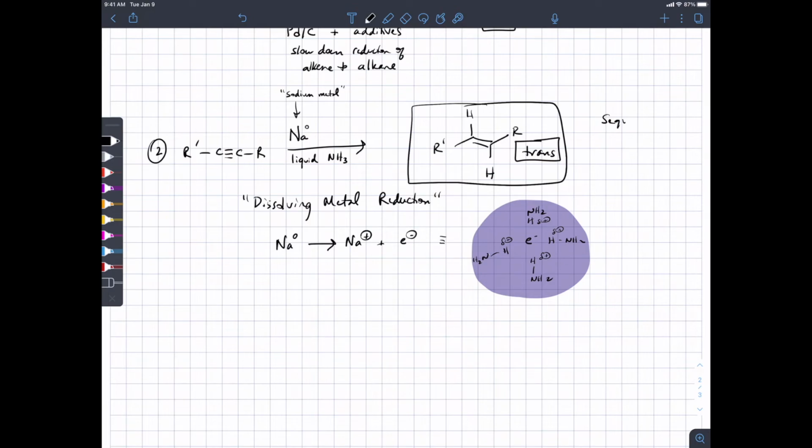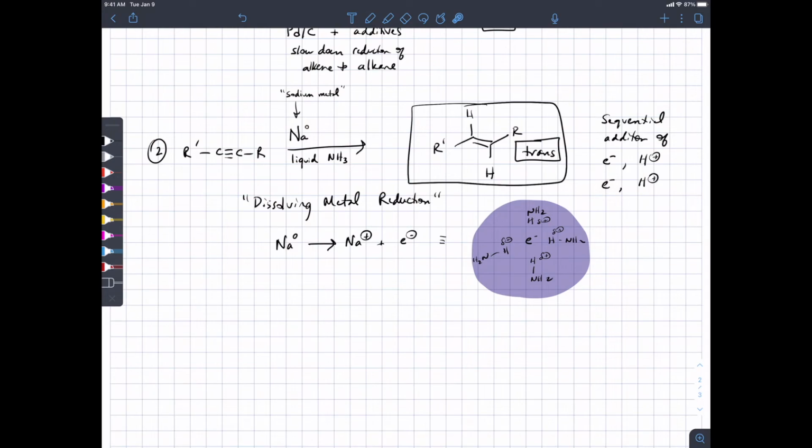So this happens by sequential addition of an electron and then a proton, and then an electron and then another proton. And where do we get these protons from? We have negatively charged intermediates that deprotonate ammonia. The details are not important, but the fact that it's sequential gives you the trans isomer.